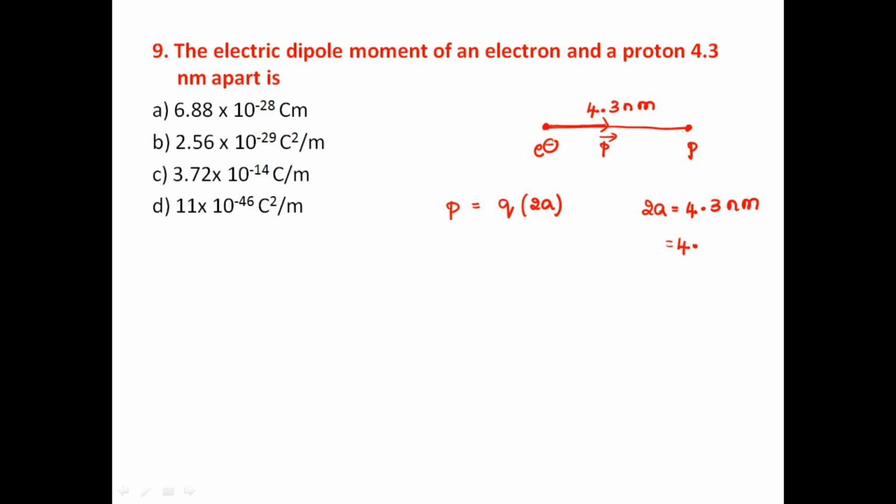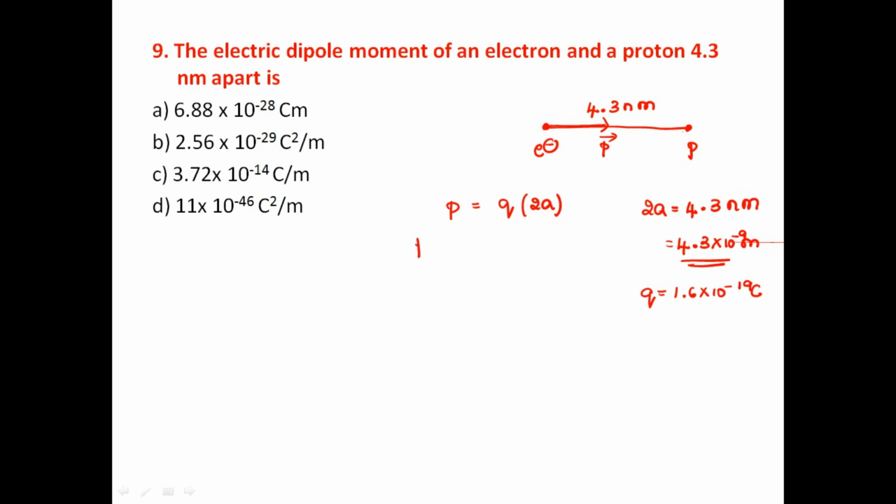I can also write this as 4.3 into 10 to the power of minus 9 meter. So substituting the value here, what about the charge? Magnitude of either charge, it is one and the same, right? 1.6 into 10 to the power of minus 19 coulomb.